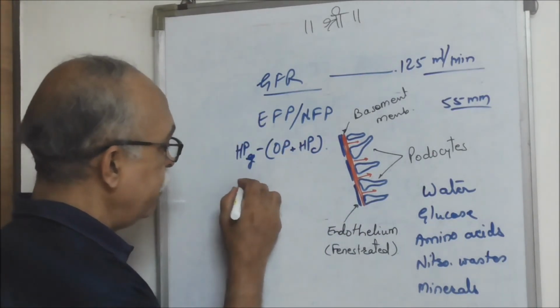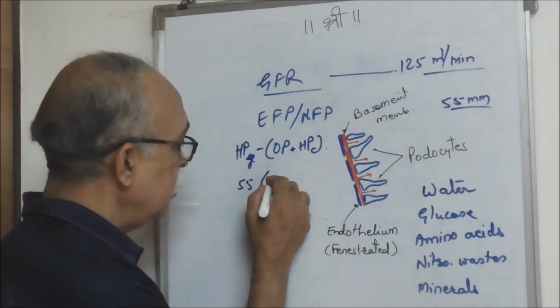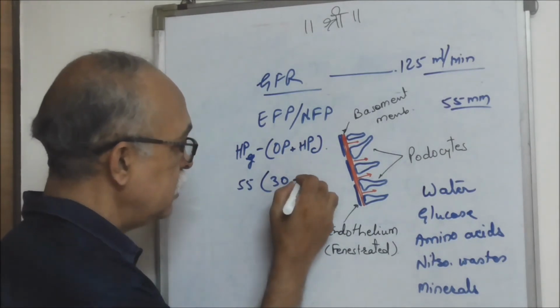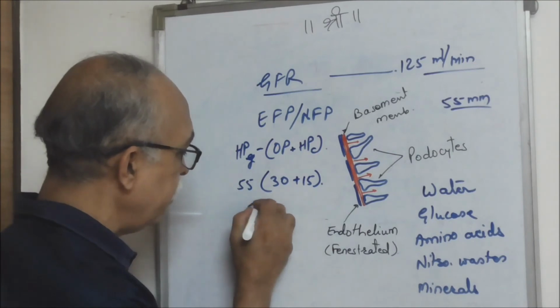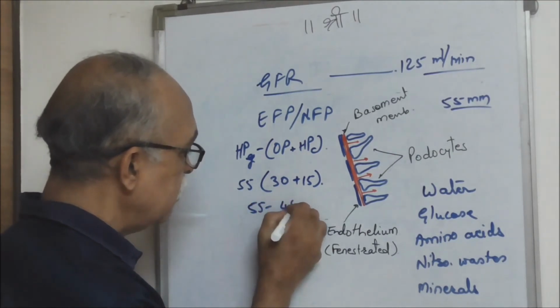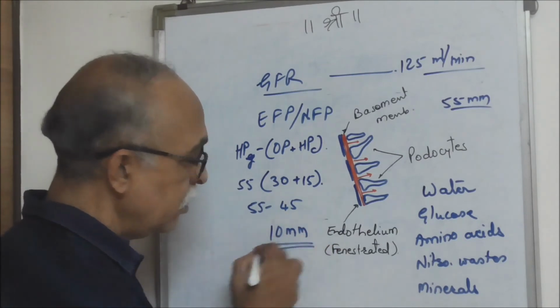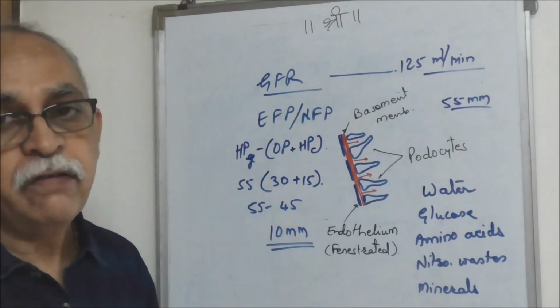This is around 55 millimeters of mercury. This is around 30 millimeters of mercury. This is around 15 millimeters of mercury, so that is around 55 minus 45, so 10 millimeters of mercury. It's the effective filtration pressure or net filtration pressure.